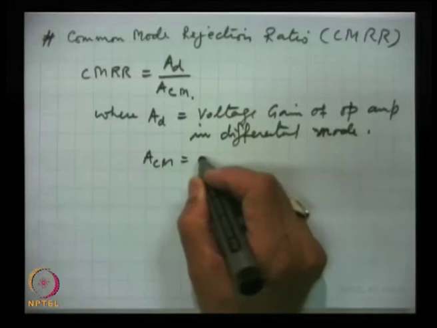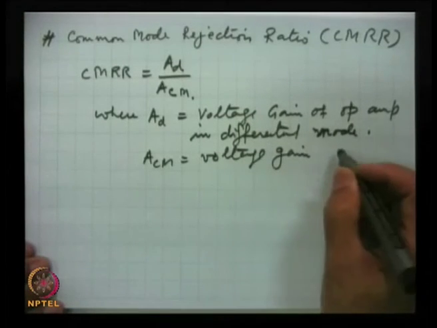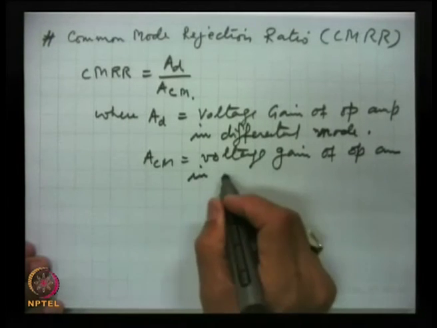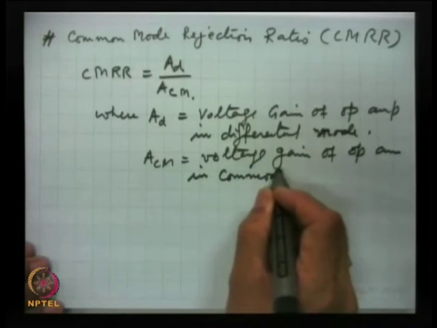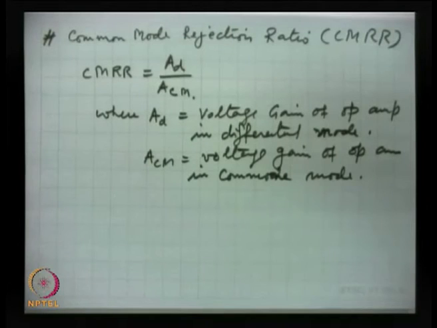The ratio of the two will give the differential gain. We have talked about all this, and ACM is the voltage gain of the op amp in common mode. In common mode, a common signal is applied to both inputs and the output is measured.